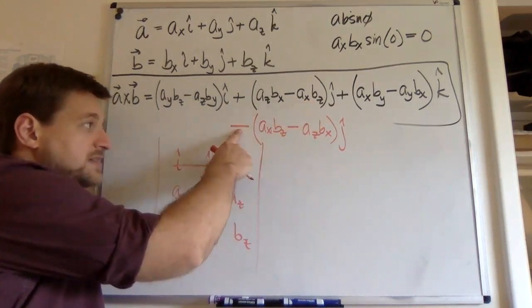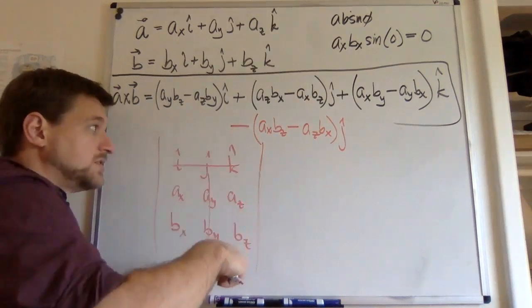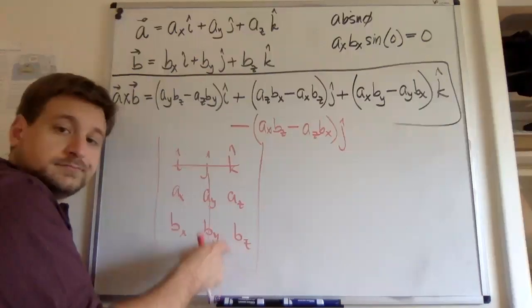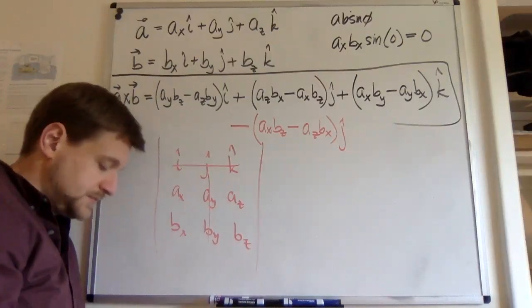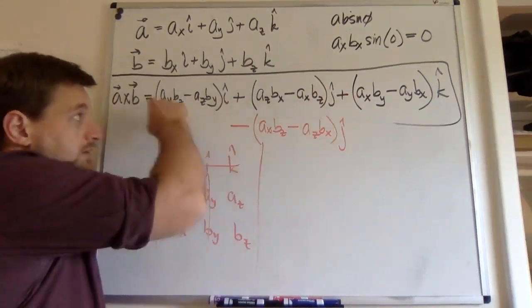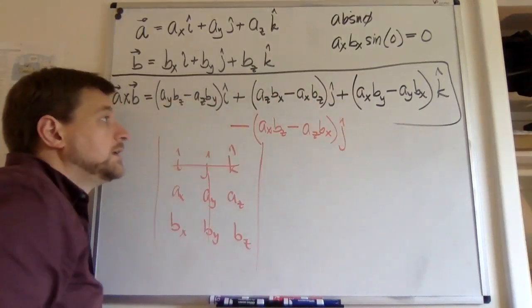So they put the minus sign there so that AX BZ comes first. It's just a different way to write this thing that we wrote in black ink.